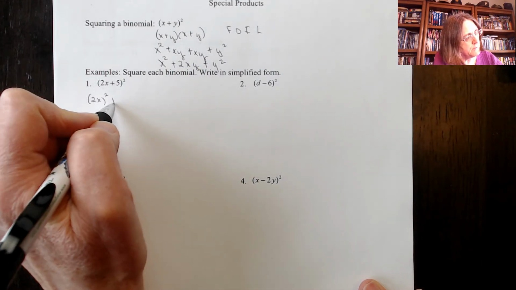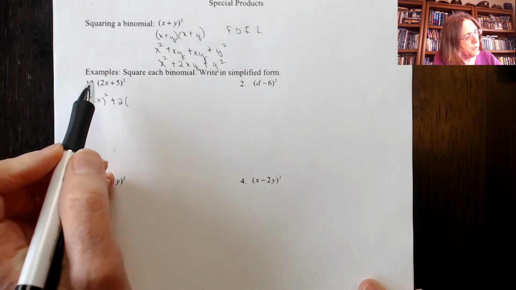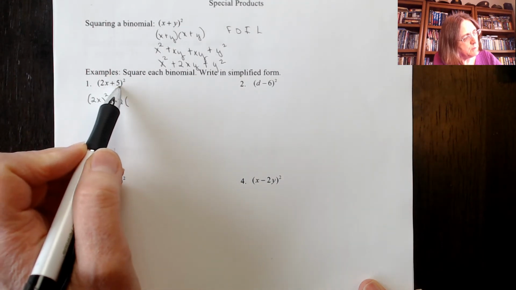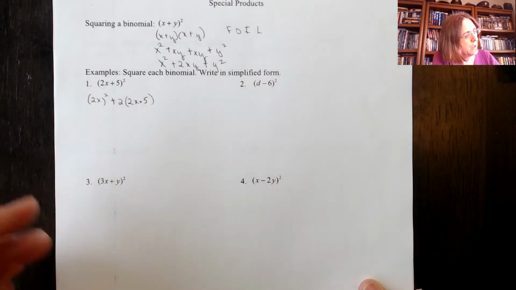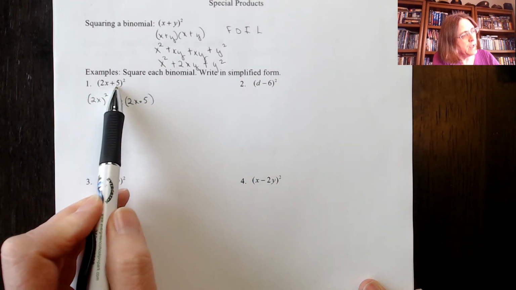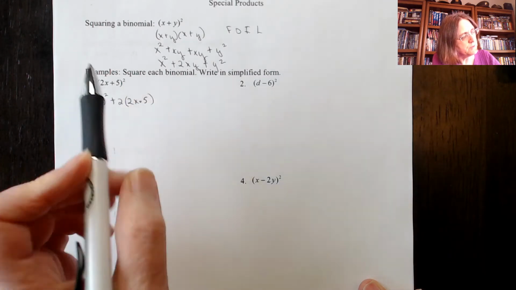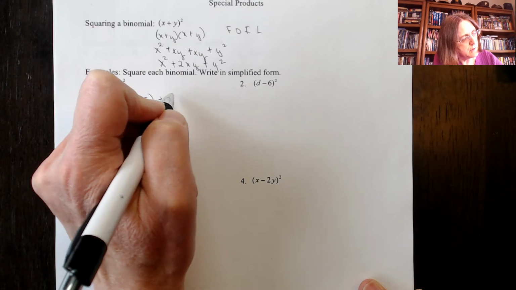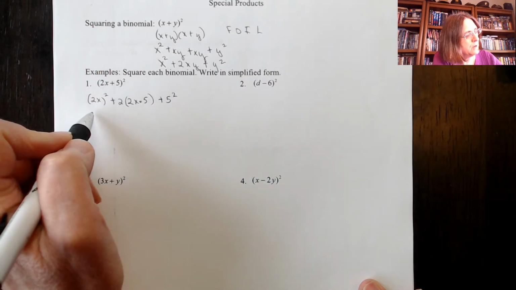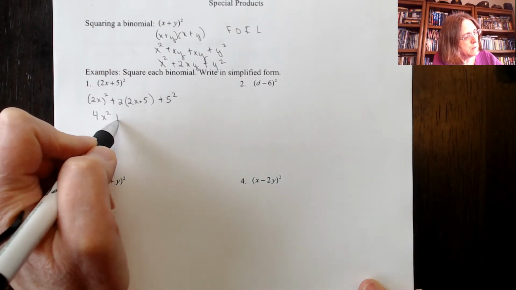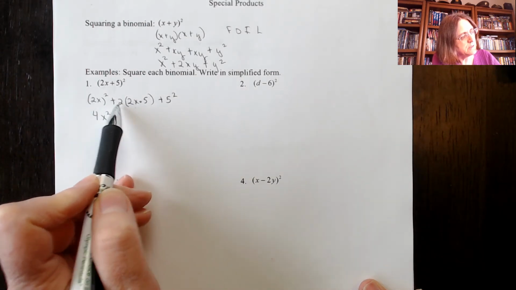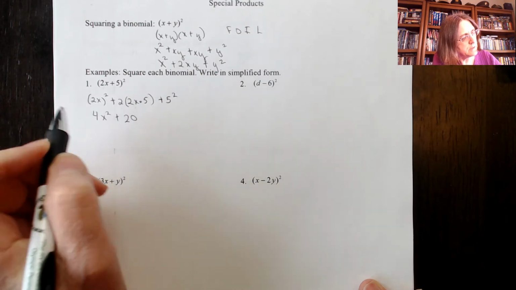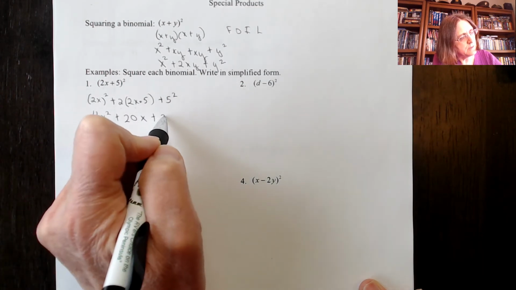So we're going to have 2 multiplied by 2x times 5. And then finally, our last term is our last term in our binomial squared, so plus 5 squared. Simplifying, we get 4x squared plus 2 times 10x, so that's 20x, plus 25.